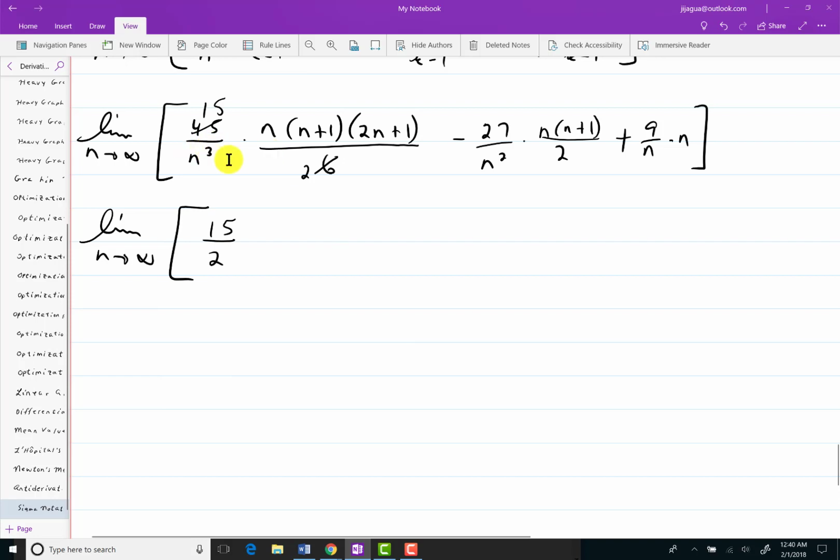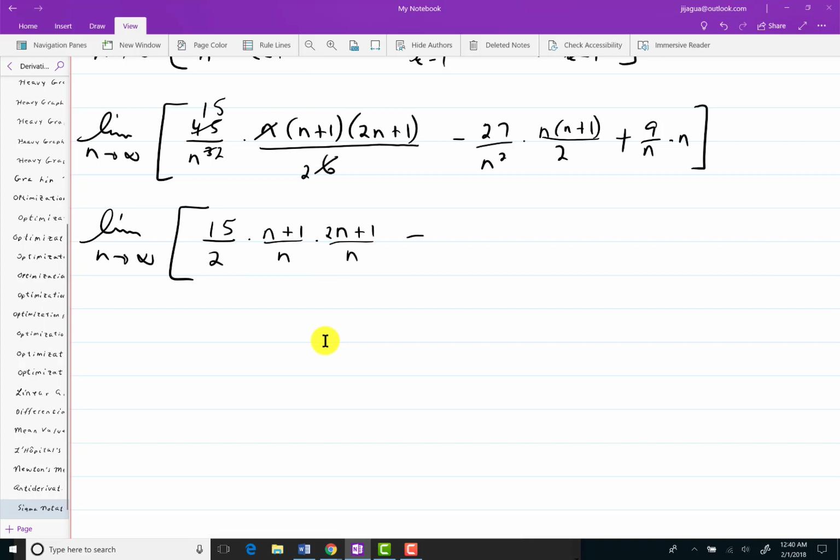You'll notice I can take out an n here, but I can also, you may not know this, I have n squared left over. I can write this part as n plus 1 over n times 2n plus 1 over n. See, there's my n squared down there.